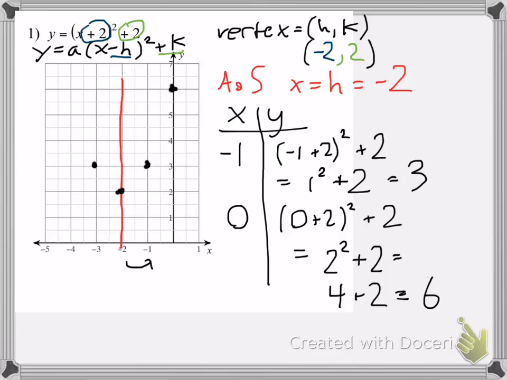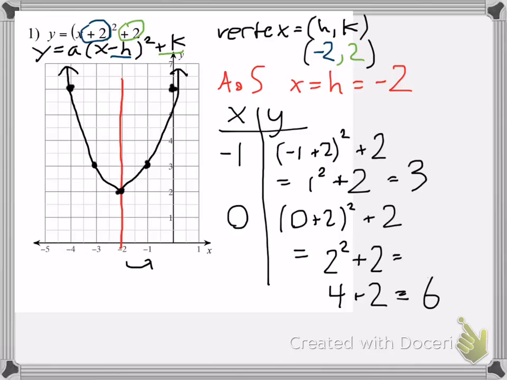On 2 points to the left of my axis of symmetry, when x is negative 4, I know that is going to match up with this point right here. So now I can fill in the rest of my parabola here, and it's going to go up like this.